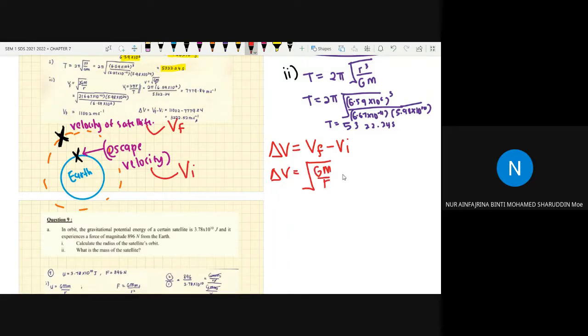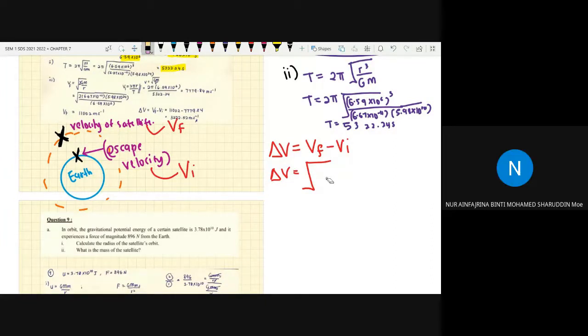GM over r. Okay, what is the formula for speed of a satellite? Anyone? Square root GM over r.